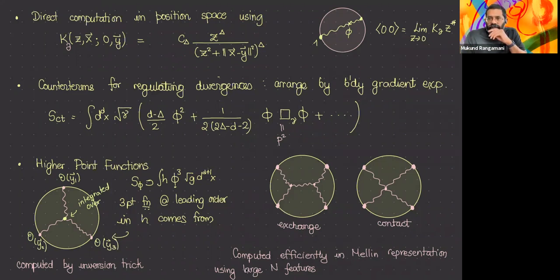This should compute for us, I claim, the 3-point function of 3 conformal primary operators of dimension delta.